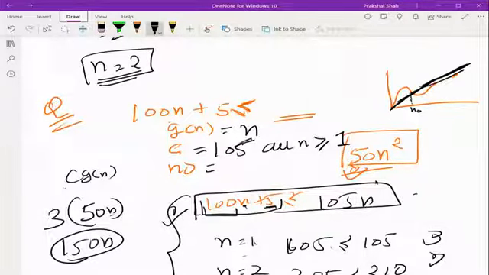I might have confused you also. After which value is it following the path? 1. I think everyone is clear.